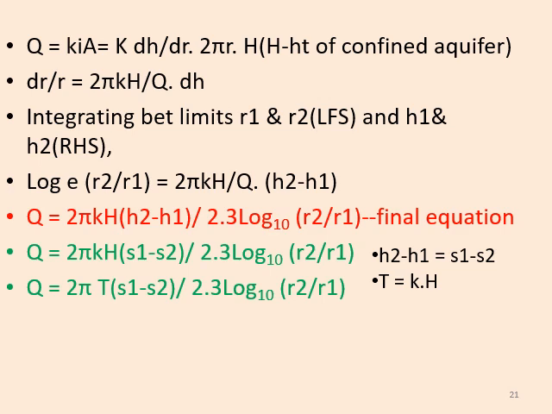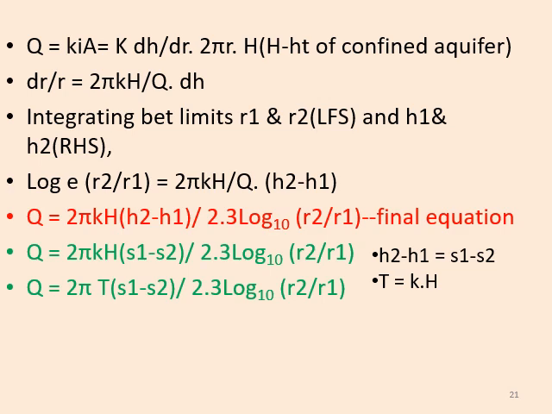If we consider here, you can see on the right hand side, H2 minus H1 equals S1 minus S2. Likewise, as in the earlier case, we can write Q equals 2 pi K H into S1 minus S2, divided by 2.3 log 10 R2 by R1.